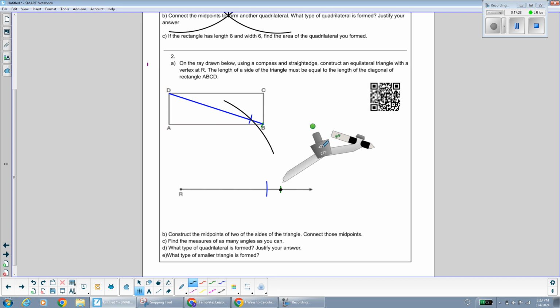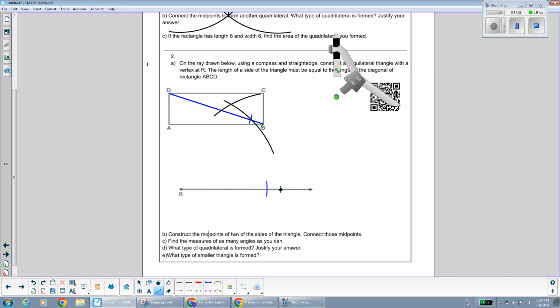Then I go over to the vertex that we found of the triangle using the length that we measured, and make the same arc. All of these arcs were with the measurement of the diagonal. Now we connect the intersection points, and here we have an equilateral triangle where all the side lengths are the length of the diagonal of the rectangle.